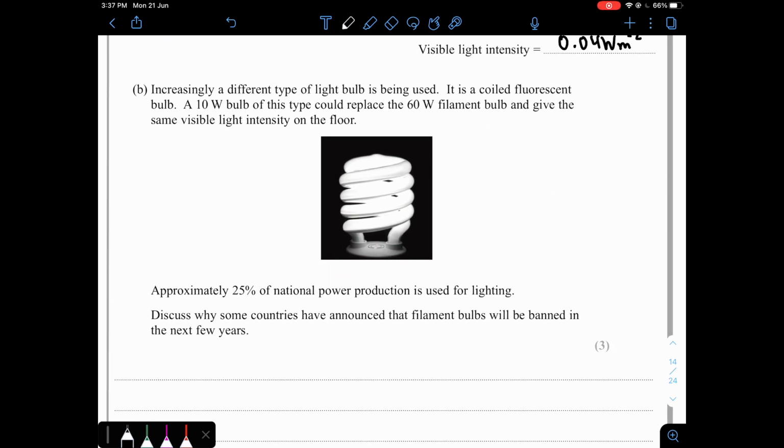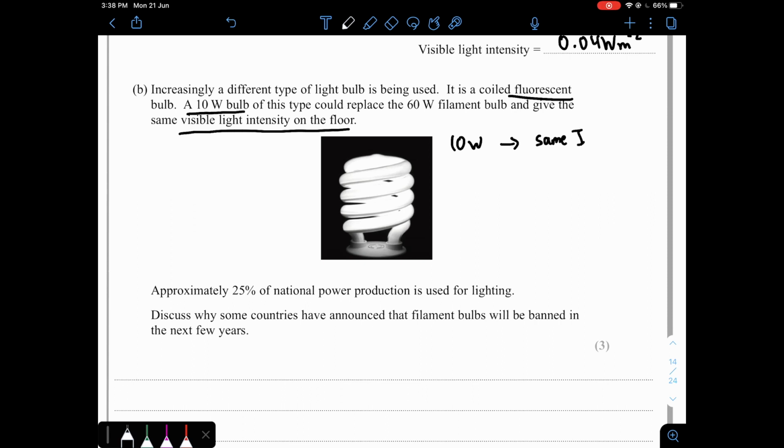Increasingly, a different type of light bulb is being used. It is a coiled fluorescent bulb. A 10 watt bulb could be used to replace the 60 watt filament bulb, and it gives the same visible light intensity. So that's important.